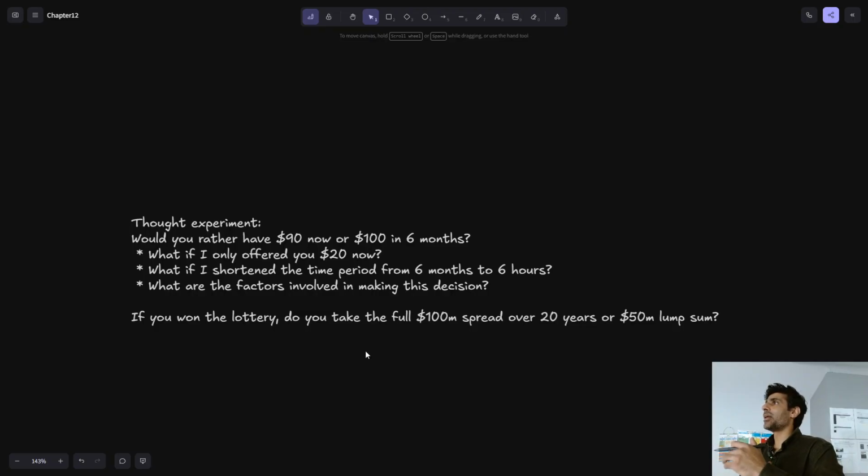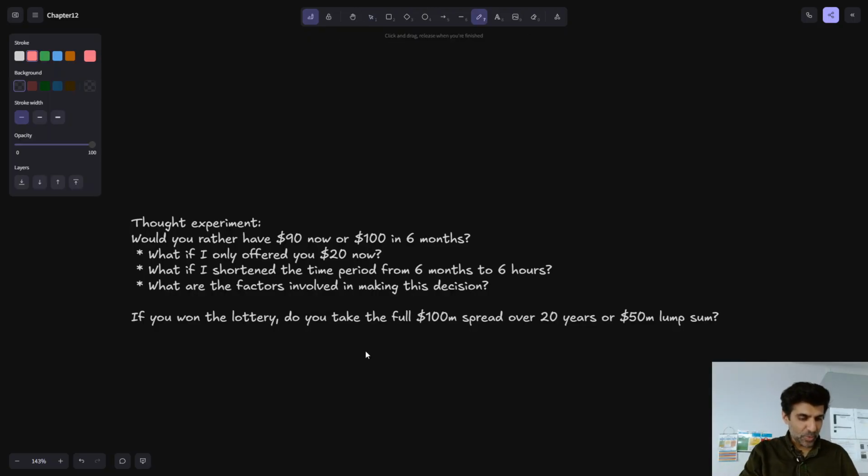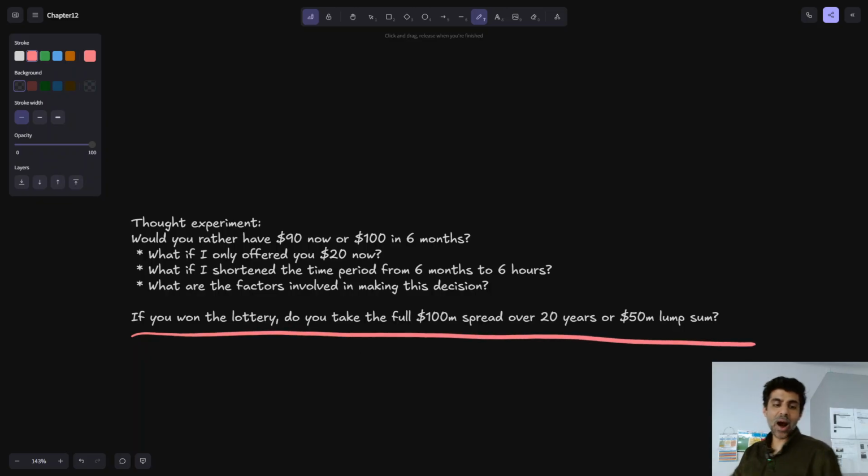All these things matter. And this framework of time value of money is incorporating all of that into an equation. It could also be used to answer this question. If you won the lottery, let's say you won $100 million. They offer you two things.